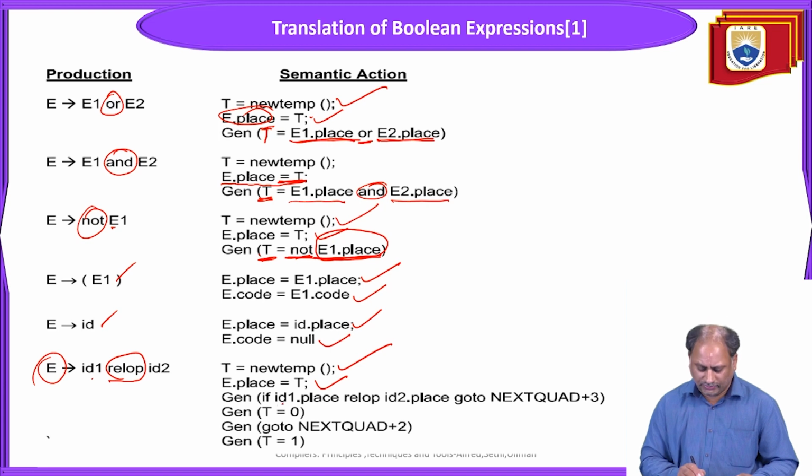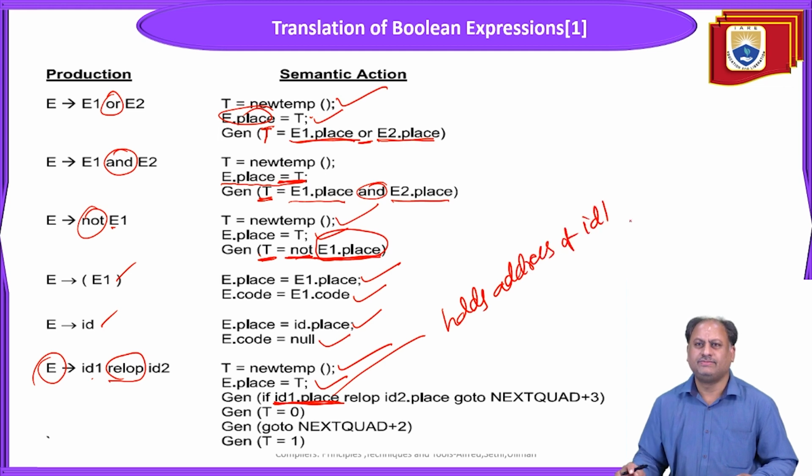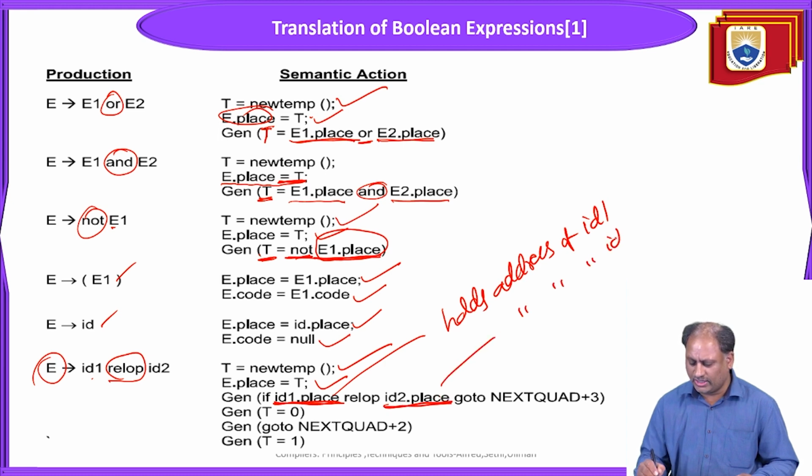Here identifier 1 dot place holds the address of identifier 1. Similarly, identifier 2 dot place also holds the address of identifier 2.